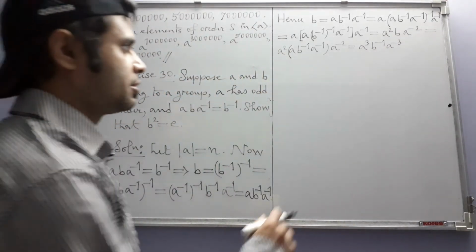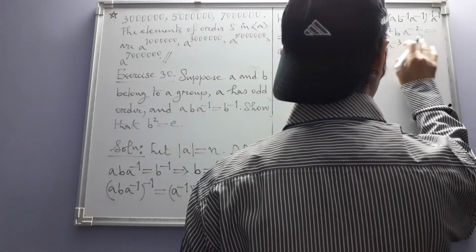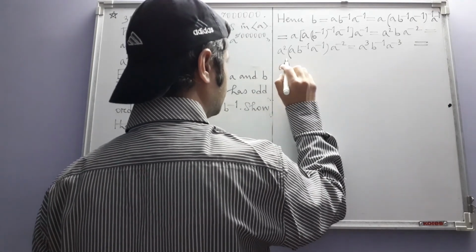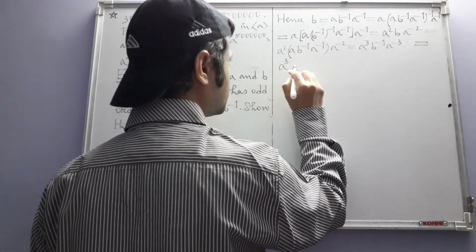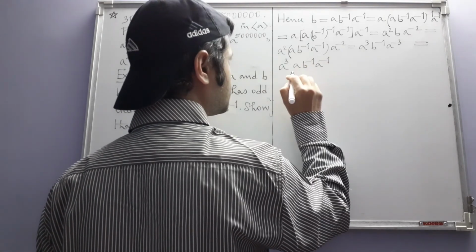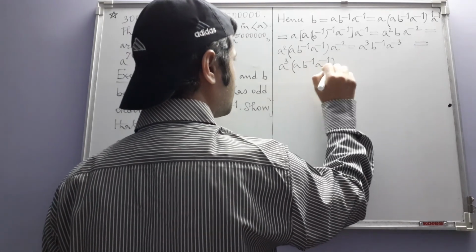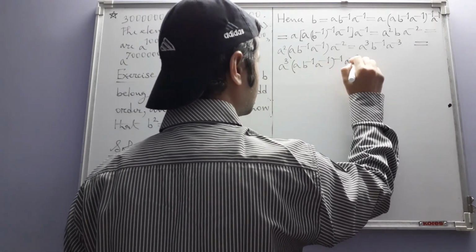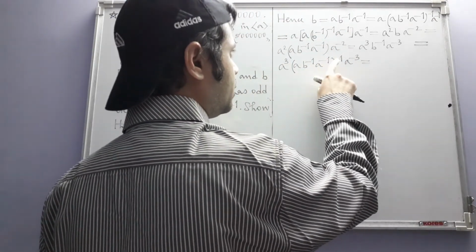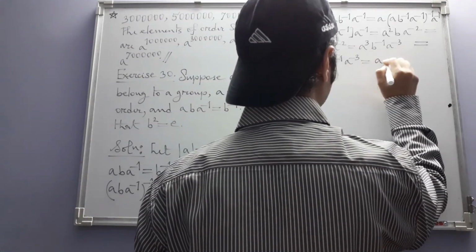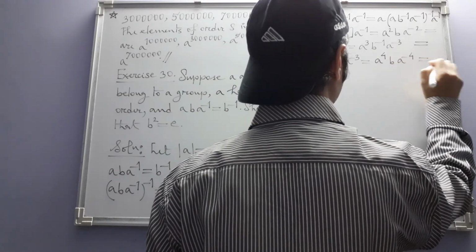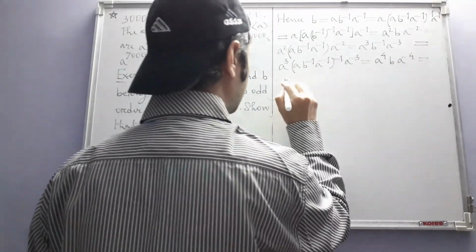And let us do two more substitutions. A b inverse a inverse, inverse, a to the power minus 3. So here again b inverse will be b, and we will be left with a to the power 4 b a to the power minus 4. And one more substitution.